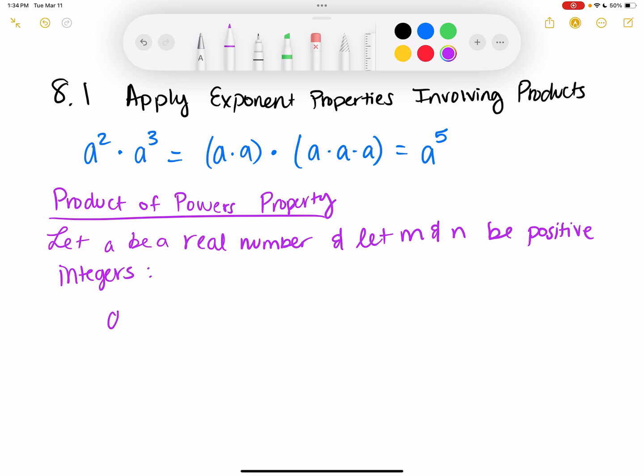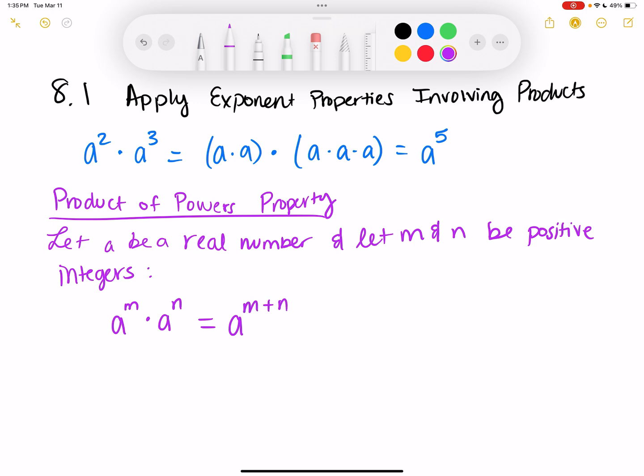Then a to the m times a to the n. That would be like if we were saying m was 2 and n was 3. It's the same thing as how it's written there. This is equal to a to the m plus n.